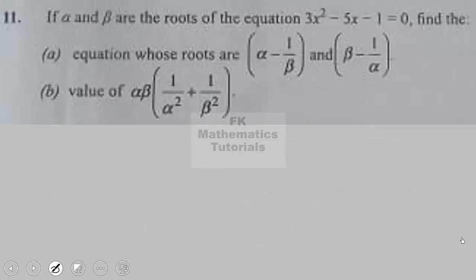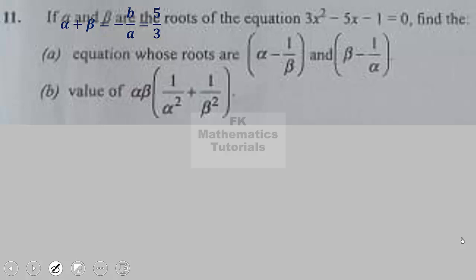If alpha and beta are the roots of the equation 3x squared minus 5x minus 1 equals 0, find the equation whose roots are alpha minus 1 over beta and beta minus 1 over alpha. So we're given this equation 3x squared minus 5x minus 1 equals 0.